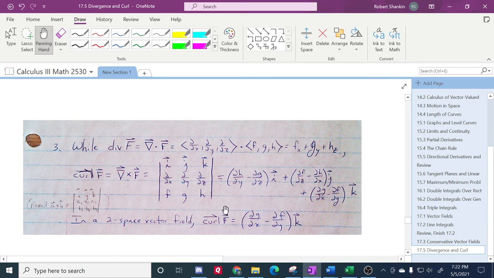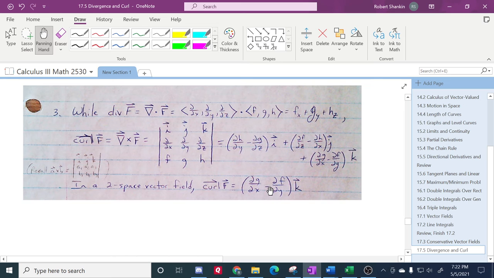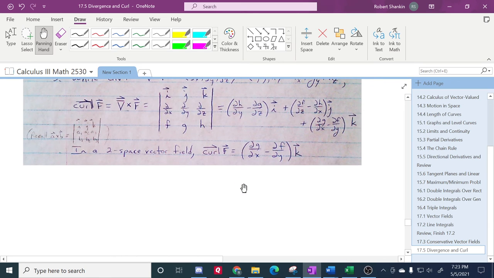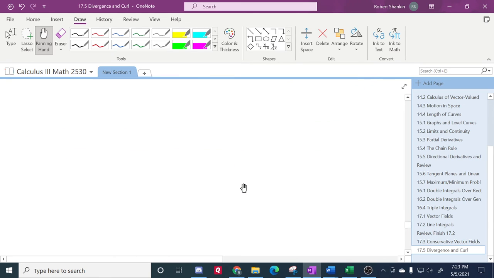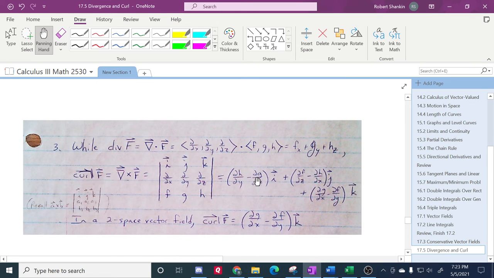And so you just place it into three-space from the beginning, and you make the other dimensions 0 if they weren't there. And so this gets us into the curl. And let me pause. Any questions?